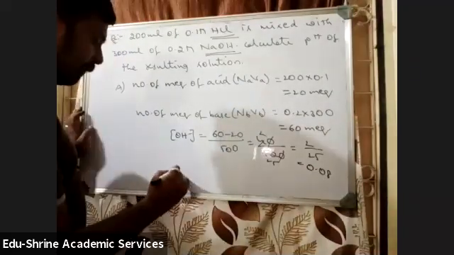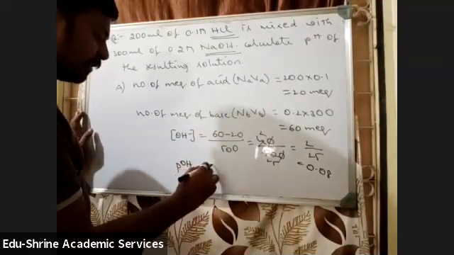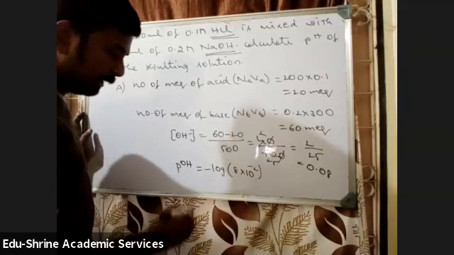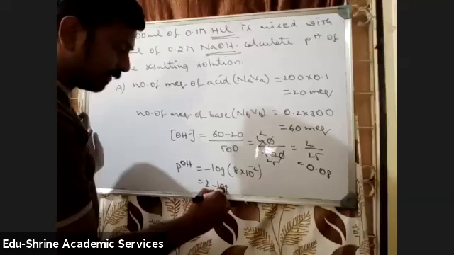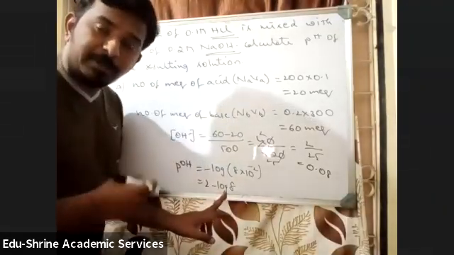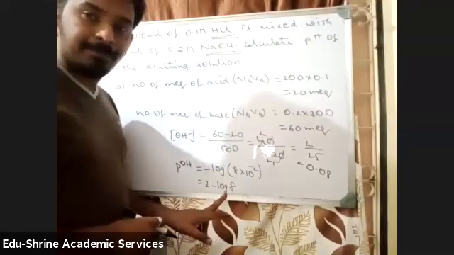Now you can calculate pOH. pOH is equal to minus log 8 into 10 power minus 2. So this can be written as 2 minus log 8. Log 8 is log 2 cubed, that means 0.9.